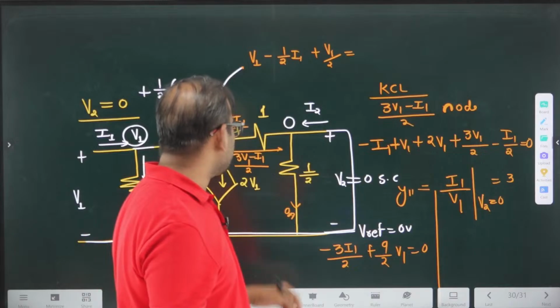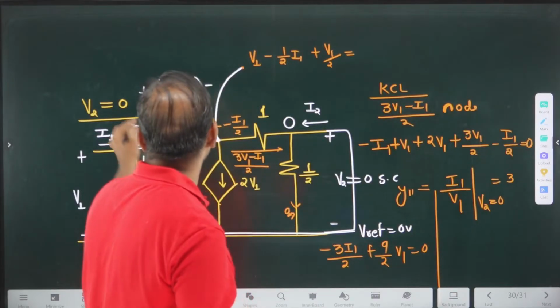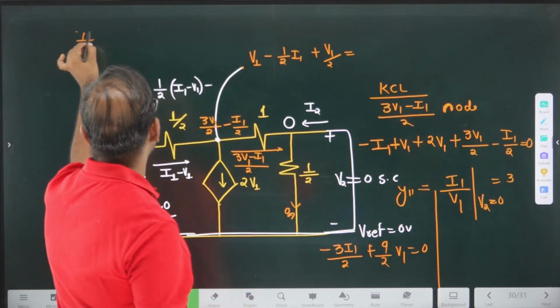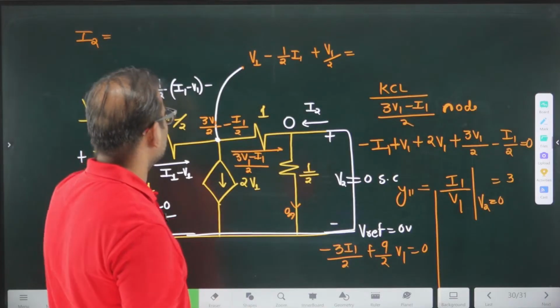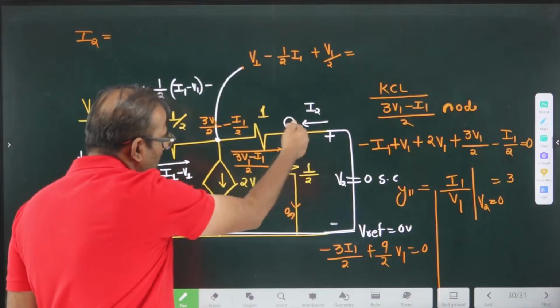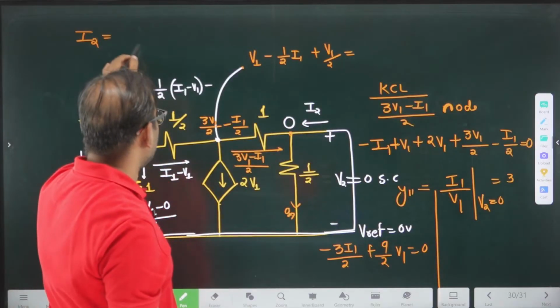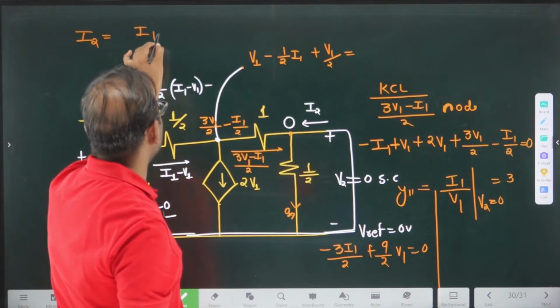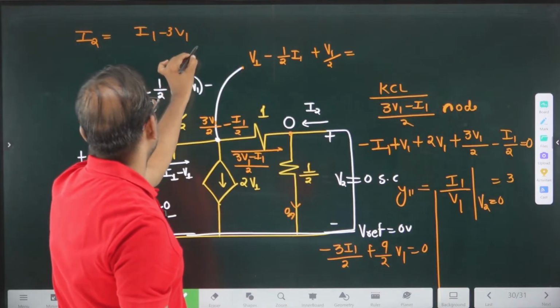So potential difference is 0, so current is also 0. So we are having one more equation, I2 is equivalent to these two currents. When I apply KCL here, this is incoming current, this is also incoming current. So I2 can be written as I1 minus 3V1 divided by 2.